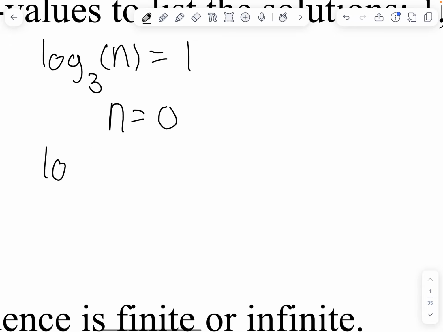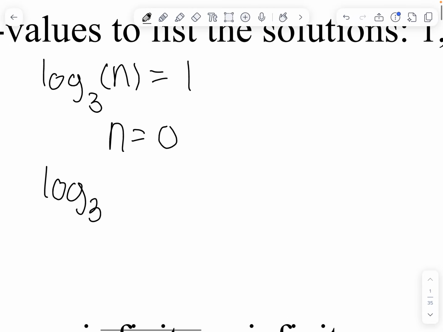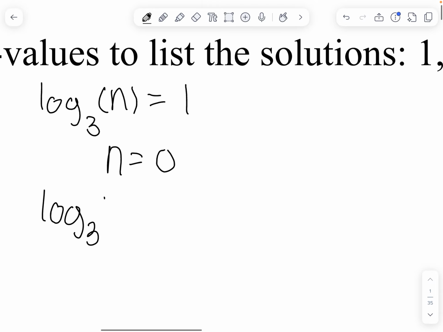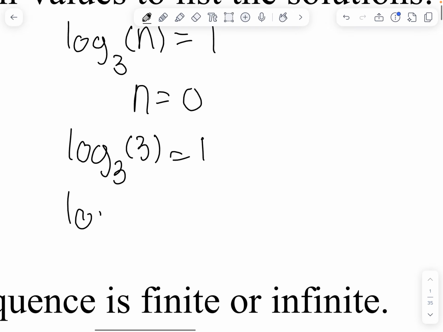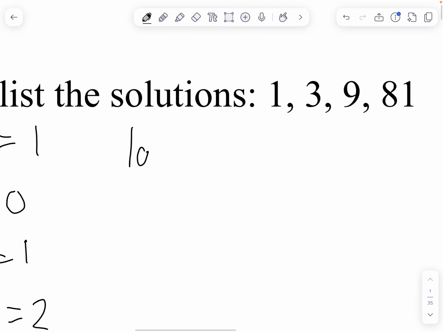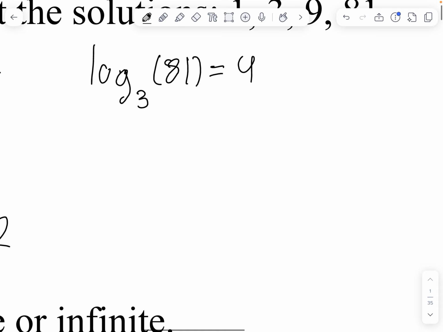So what base log of 3 is equal to 1? And the log base 3 of 9 is 2. And log base 3 of 81 is 4. So our answers are 0, 1, 2, and 4.